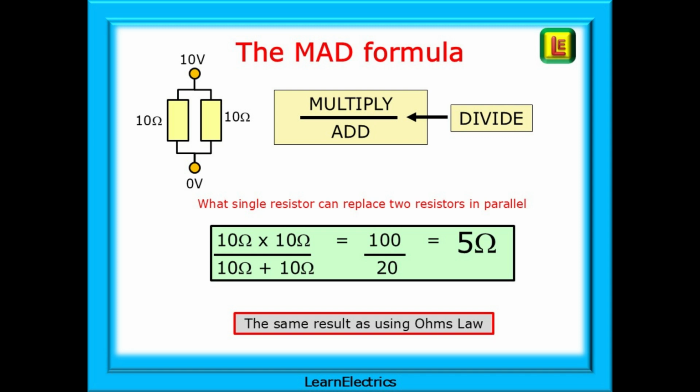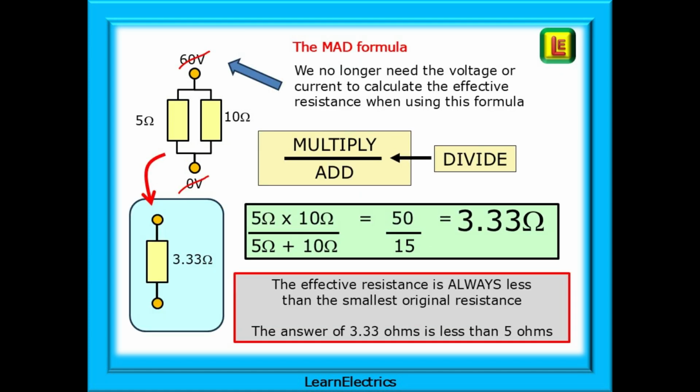The formula tells us to multiply the two resistances together for the top row, to add the two resistances together for the bottom row, and then divide one by the other. The result here is 5 ohms, the same as using Ohm's law, but a lot quicker to calculate. Note that we no longer need to know the circuit voltage or current. All that we need are the values of the two resistances, and the formula does the rest.